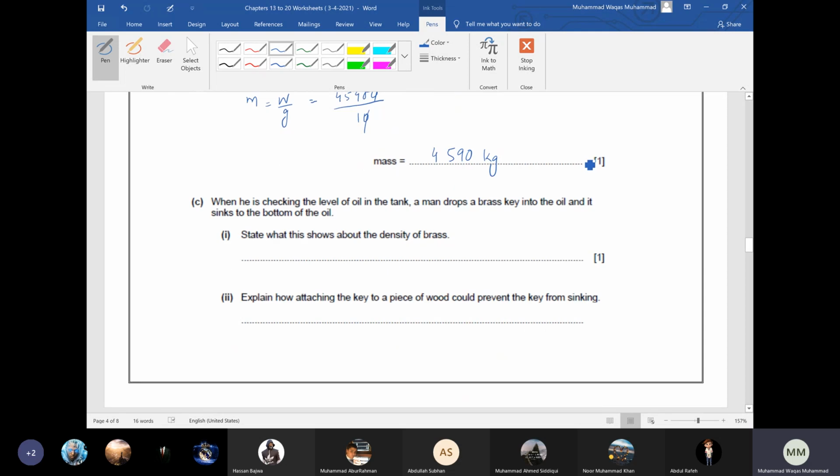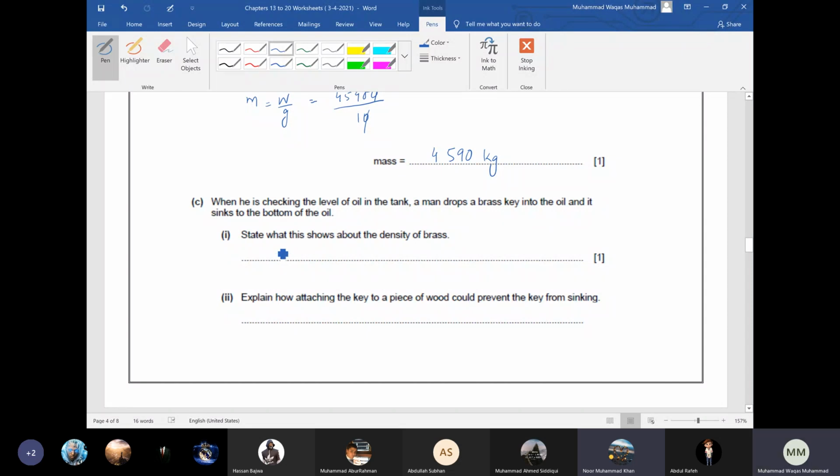Okay beta, when he is checking the level of oil in the tank, a man drops a brass key into the oil and it sinks to the bottom of the oil. State what this shows about the density of brass. Sir, it is greater than. Shabash.